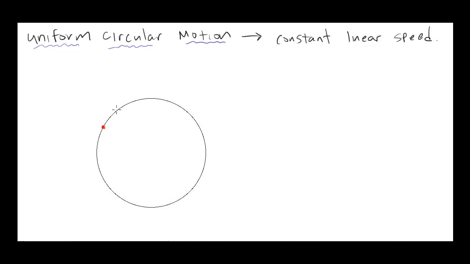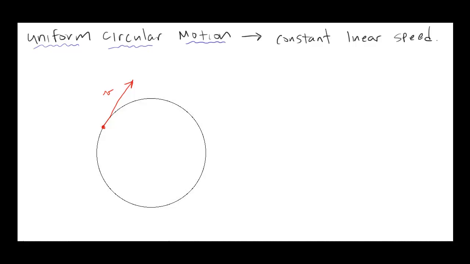This line that I'm drawing represents the linear velocity at that moment. Knowing something about Newton's laws, one way of thinking of it is this is how the object is trying to move. It wants to go in a straight line. So it's moving in a circle because something is forcing it to move in a circle, but it wants to go in this linear velocity at this moment.